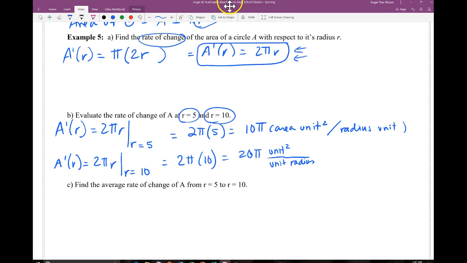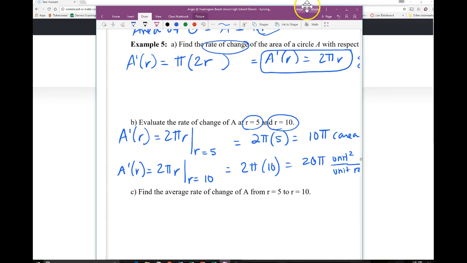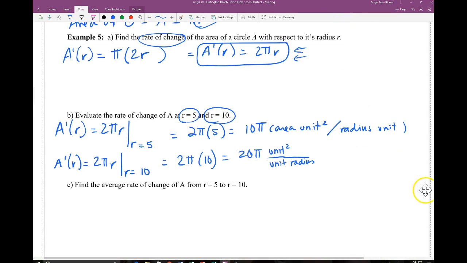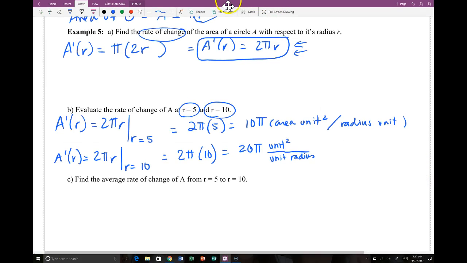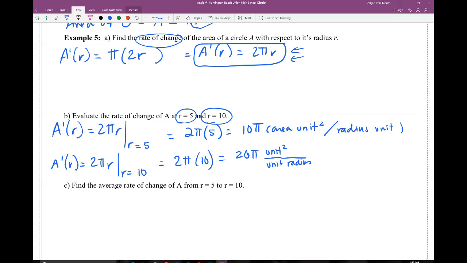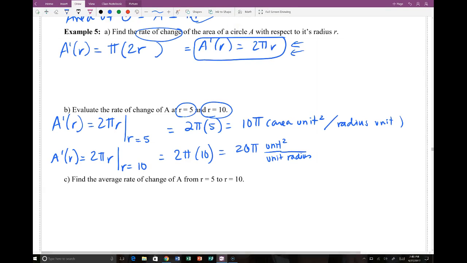Let me just fix something really quick, make it smaller. Sorry, I need to make the recording screen slightly smaller because it's so big right now and I can't see the recording button.